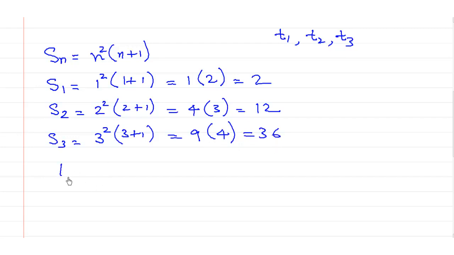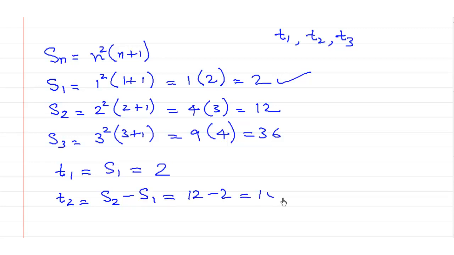So as we know that the first term is nothing but the sum of first term, which is 2 itself from here. And in order to find the second term, what we do is we take the sum of the first 2 numbers minus the first number itself, which is 12 minus 2, which is 10.